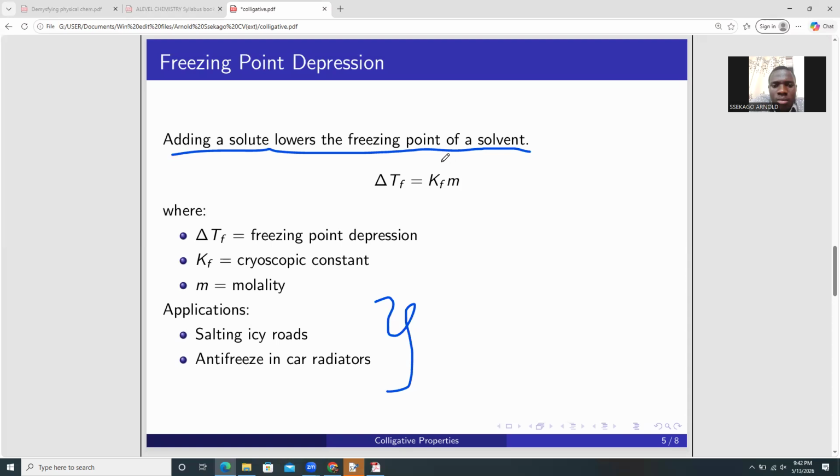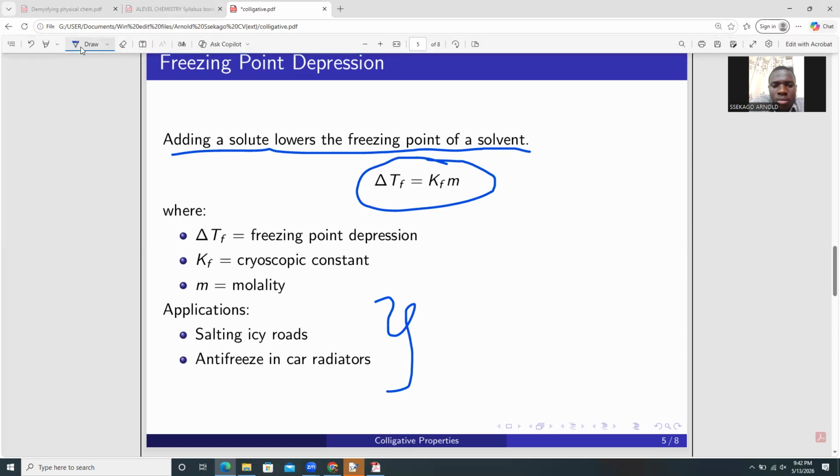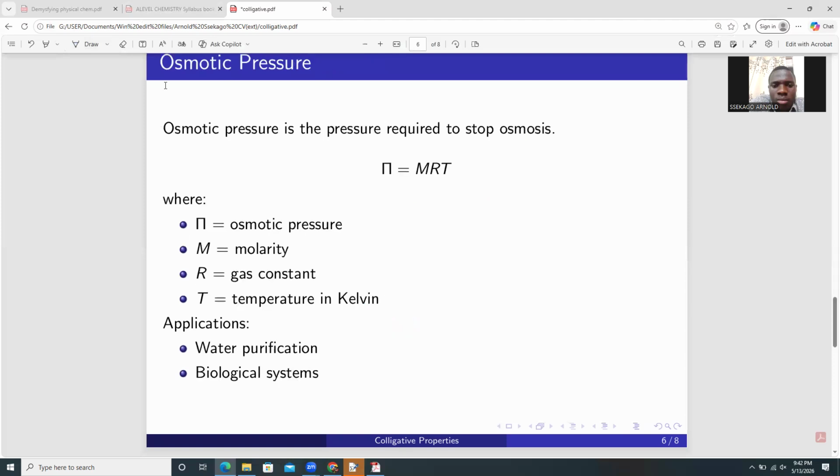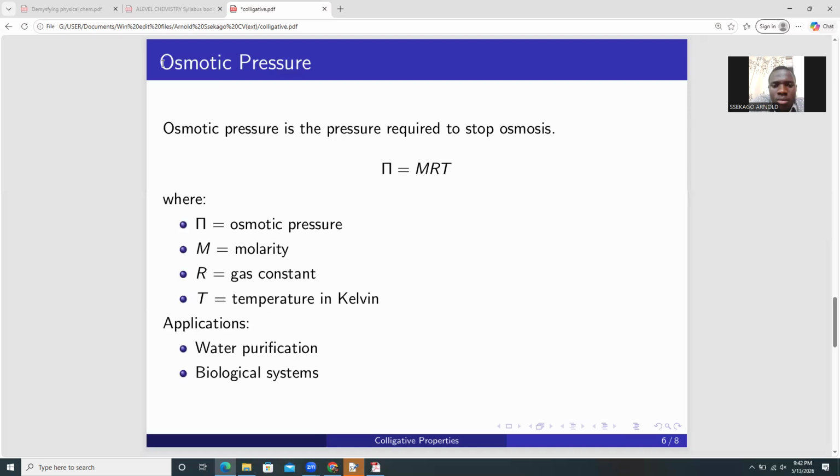And we have this relation which summarizes the key takeaways, where change in T is the freezing point depression, Kf is the cryoscopic constant, and m is the molality. Now this is applied in calculations. Then finally, osmotic pressure.